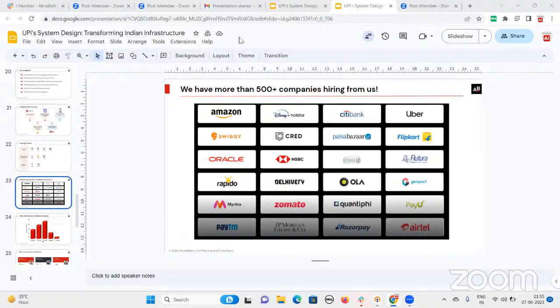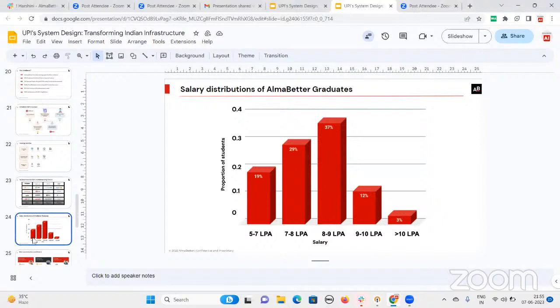So these are some of our hiring partners, as you can see. Talking about the placement statistics and salary distribution, in a particular cohort, 37% of the freshers are receiving an average salary bracket of 8 to 9 LPA.